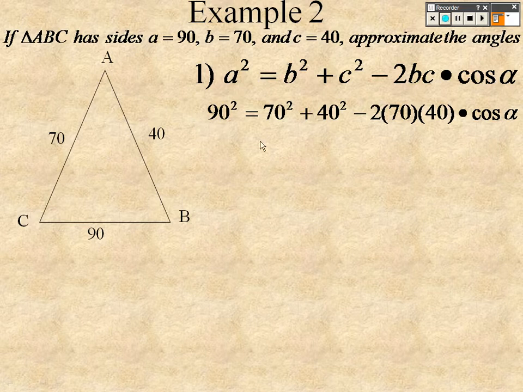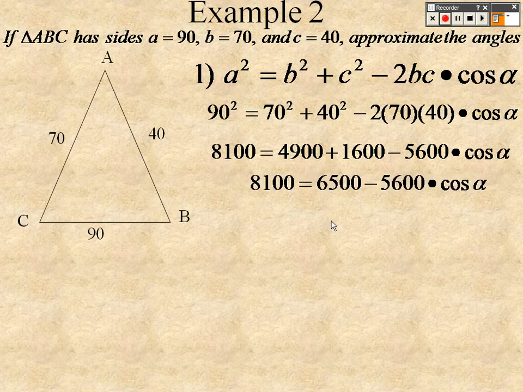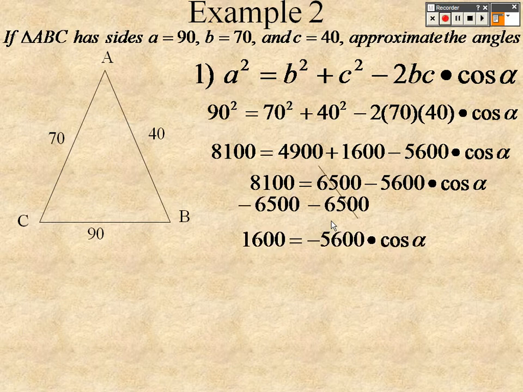So 90 squared is 8100, 70 squared is 4900, 40 squared is 1600, and that is all minus 5600 times cosine of alpha. You can combine those together to get 6500. So I subtract the 6500, because I'm trying to solve for cosine here. I divide by negative 5600.